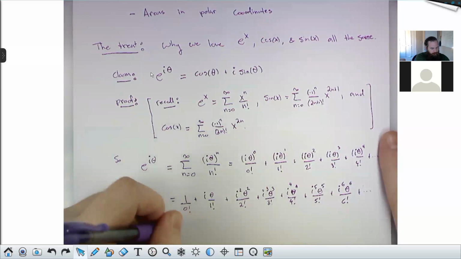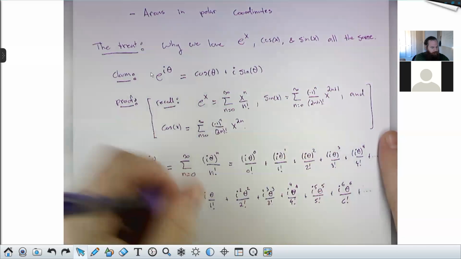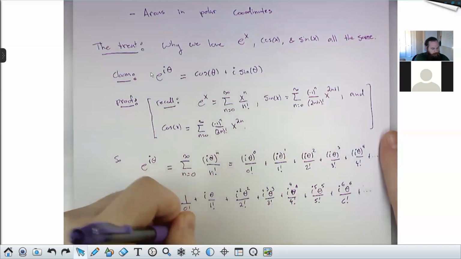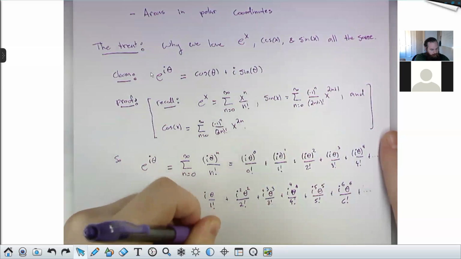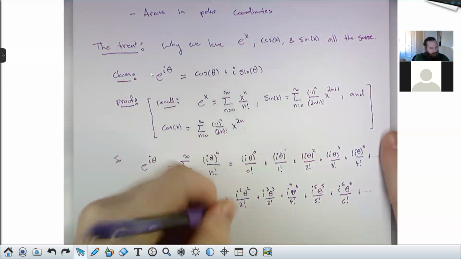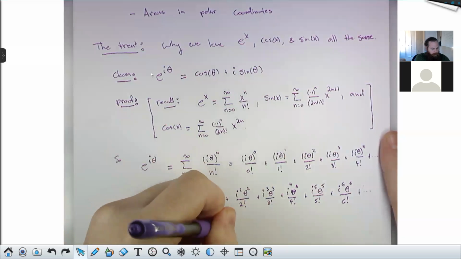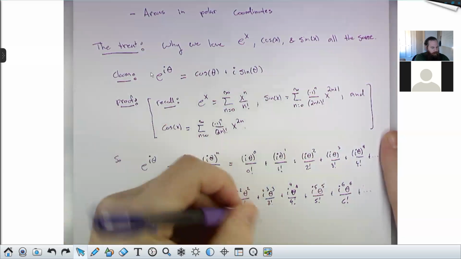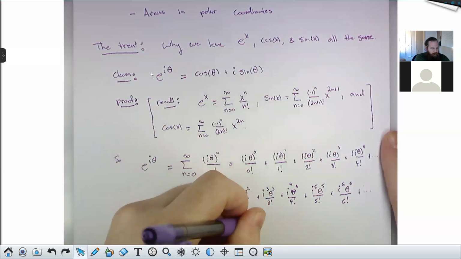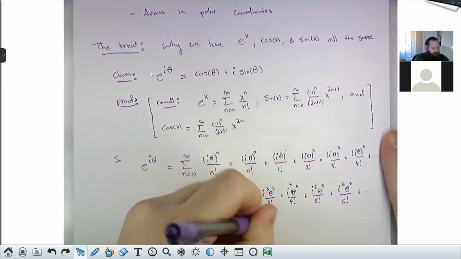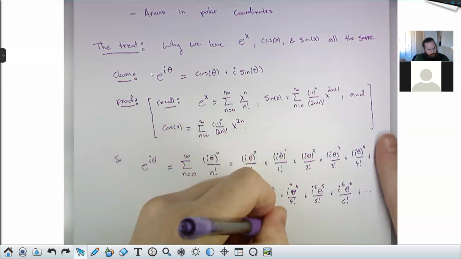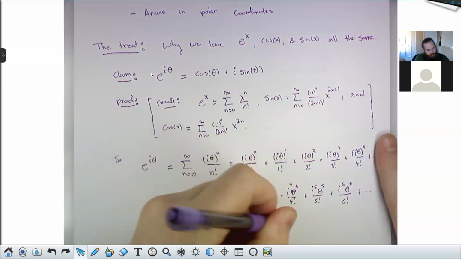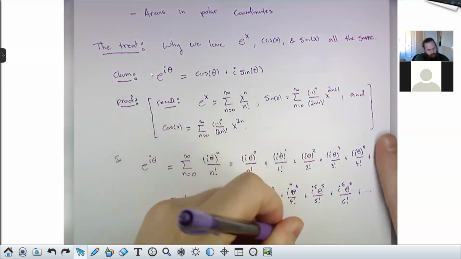So if I compute the powers of i here, I get 1 over 0 factorial plus i times theta over 1 factorial. i squared is -1, so this is -1 times theta squared over 2 factorial. i cubed is negative i, so this is negative i times theta cubed over 3 factorial. i to the 4 is positive 1, so this is theta to the 4 over 4 factorial.